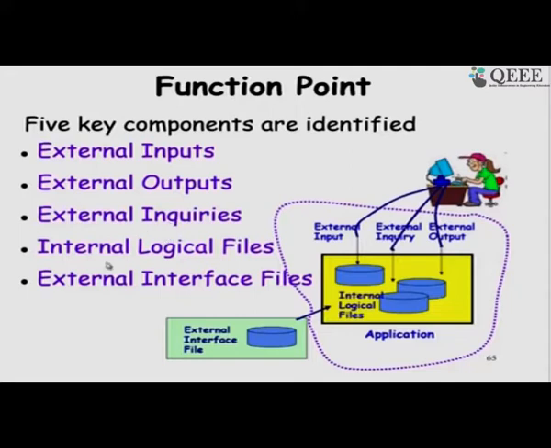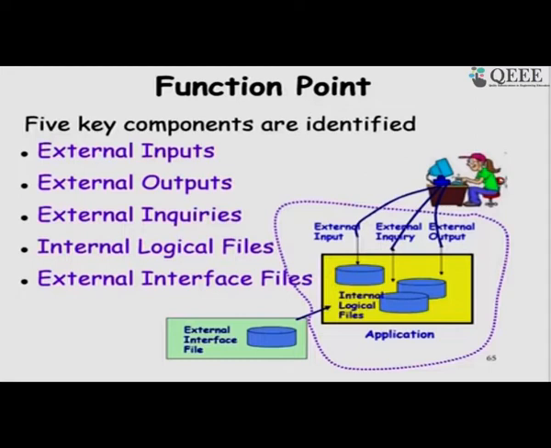Then internal logical files, these are data structures like arrays and so on, which are maintained or may be temporary files, and external interface files, these are files which are created by external systems or maybe the user, and these are input to the software.